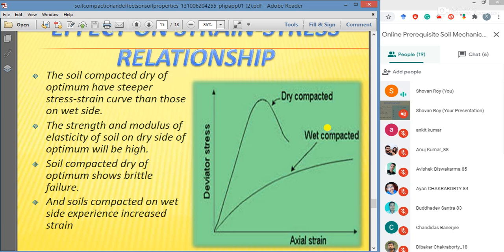The important thing is this modulus of elasticity.